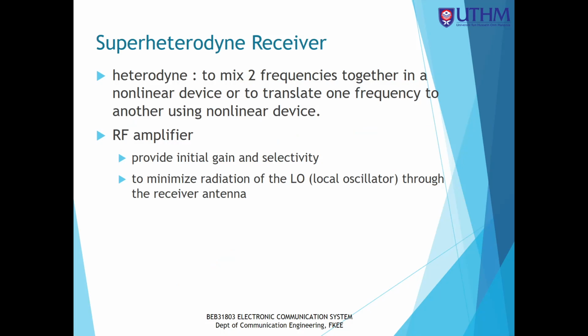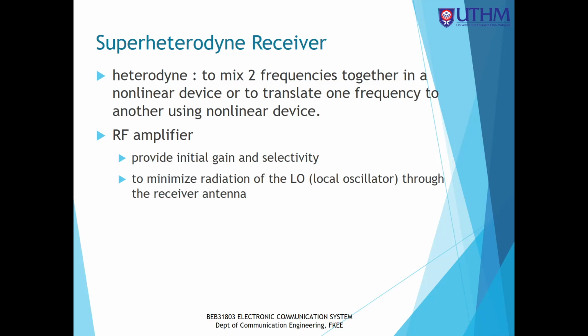So this is the second type of receiver, which is the super heterodyne receiver. First we have the TRF, tuned RF. The second is the super heterodyne receiver. This is one of the most popular AM receiver types.